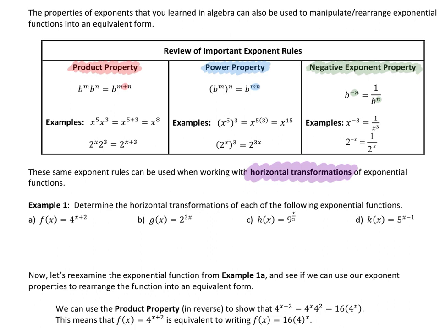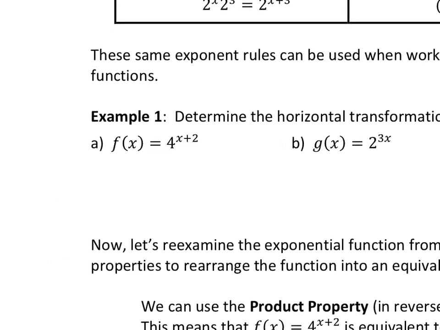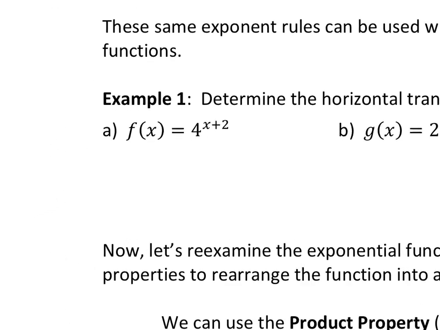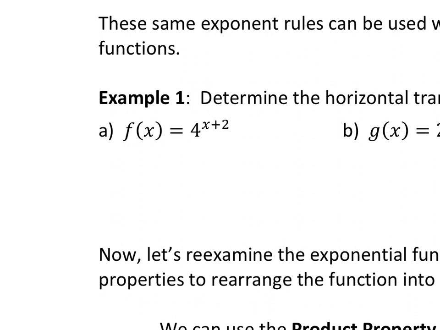What we can do is we can actually look at these exponential functions and talk about their horizontal transformations, and eventually we're going to tie that back into what's happening with the exponents. So without getting too weird, we have f of x equal to 4 to the x plus 2 power.